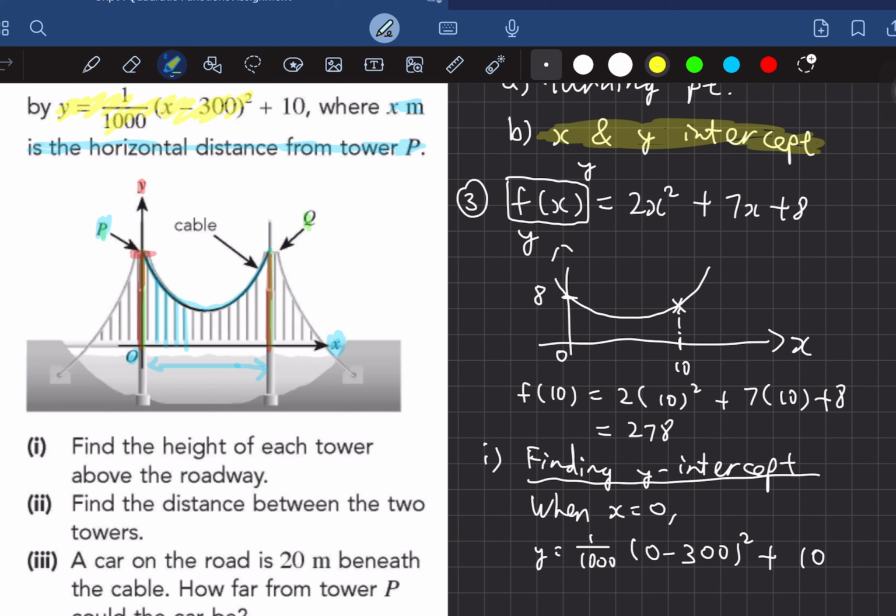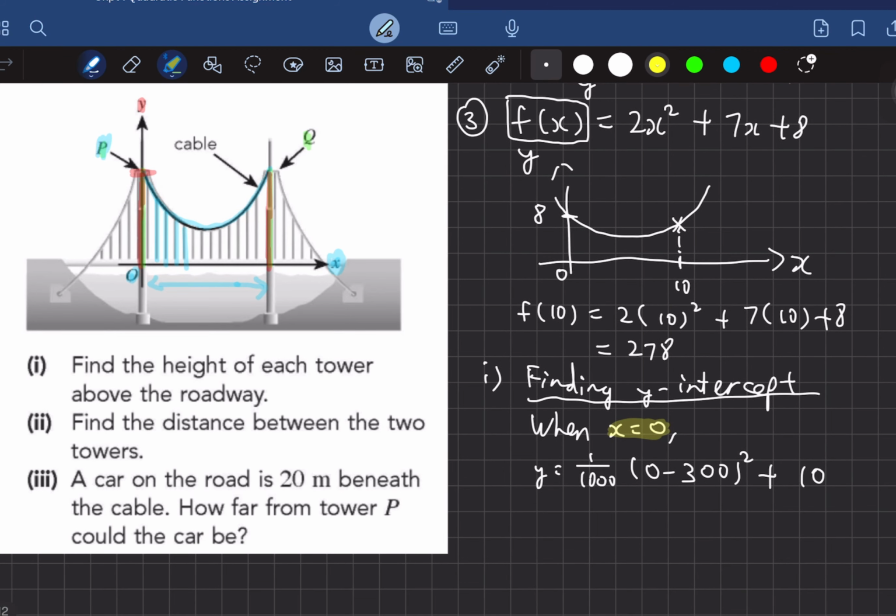Not to say you cannot, but it's tedious, and this question is at most 1 to 2 marks. Since we know we are finding the y-intercept, we let x equals 0, and it's easier to do in this manner. There's no need to expand the bracket, so we can just key into the calculator and we get the height of the tower to be 100 meters.